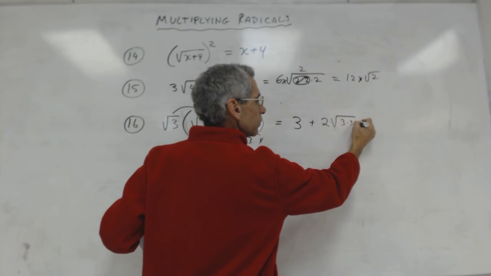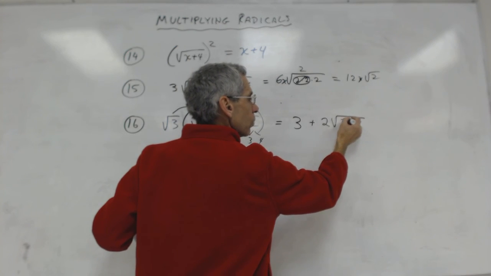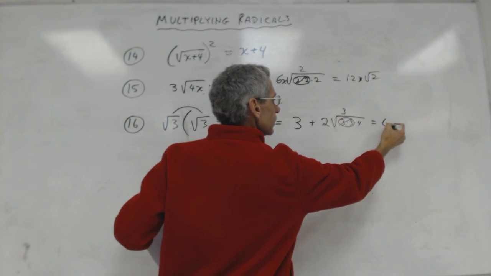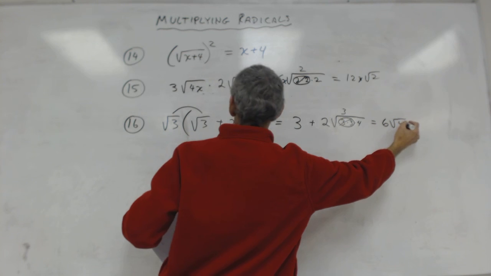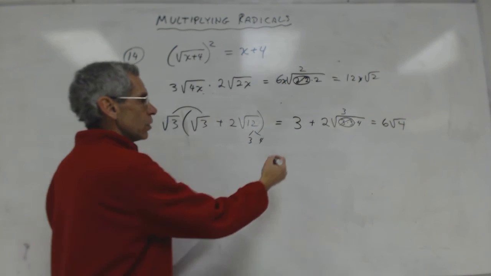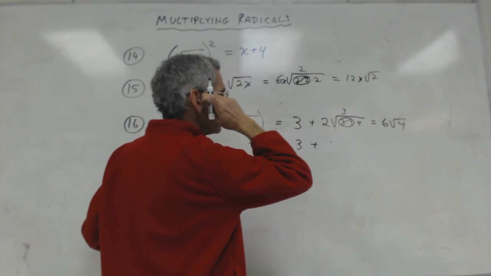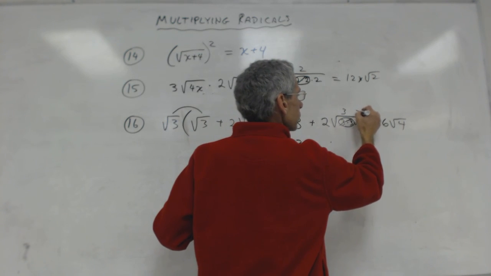That would be 4 square root. So that 3 comes out, so its final answer is 6 square root of 4. The 4 also comes out. So we have 3 plus, oh yeah, what am I doing? Right, 4. You're right. So that's a 2.